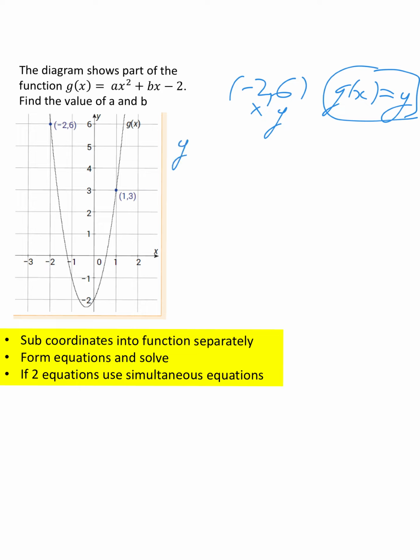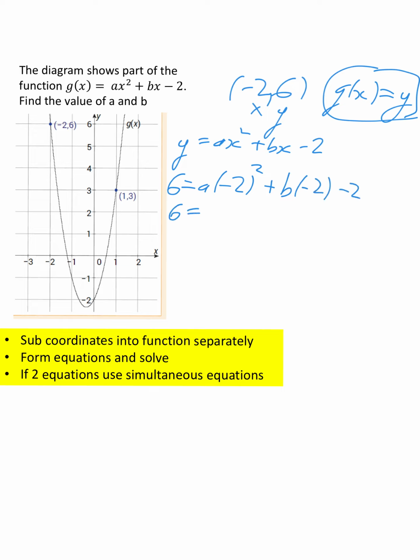So I'll write it as y is equal to ax squared plus bx minus 2. So we'll have 6 is equal to a times -2 squared plus b times -2 minus 2.